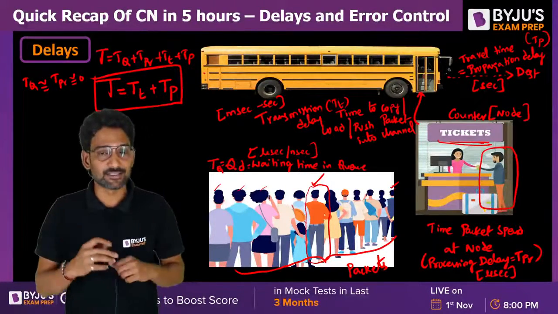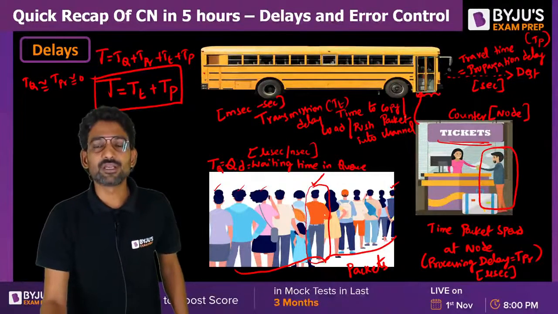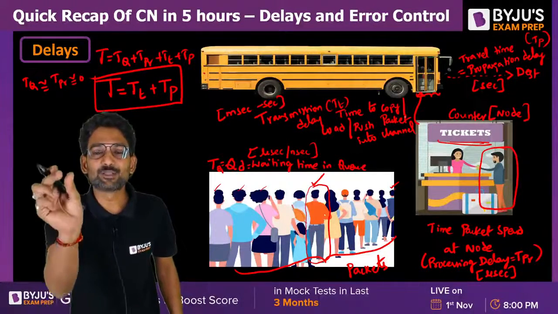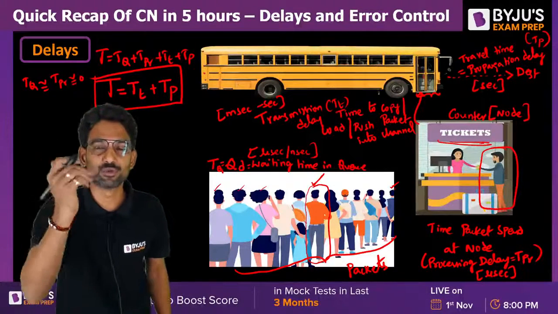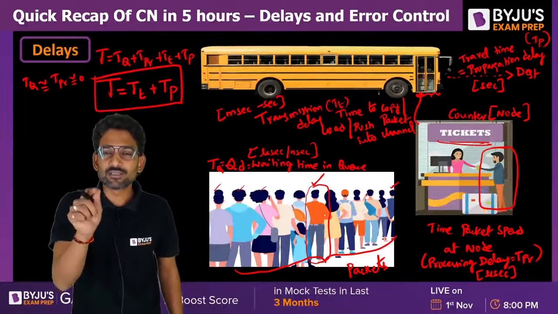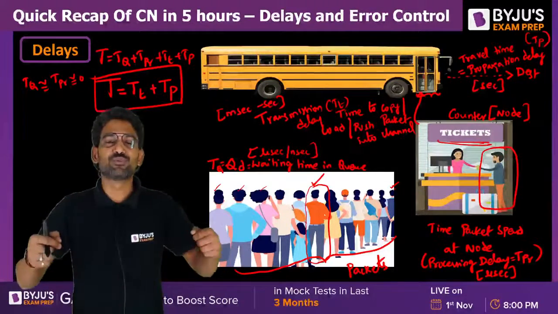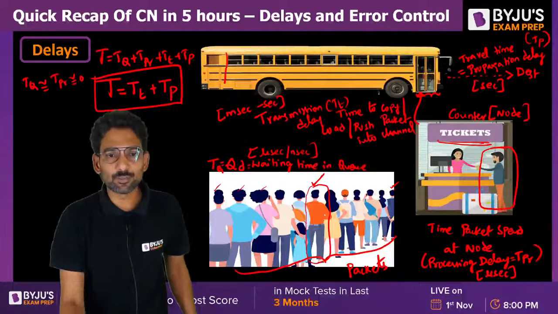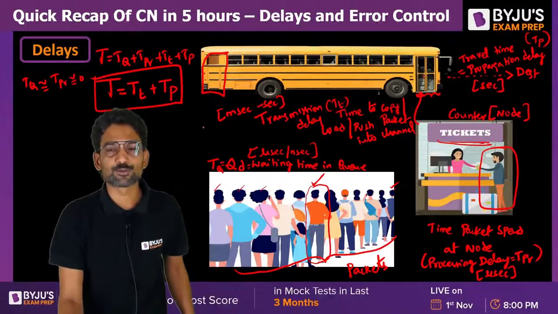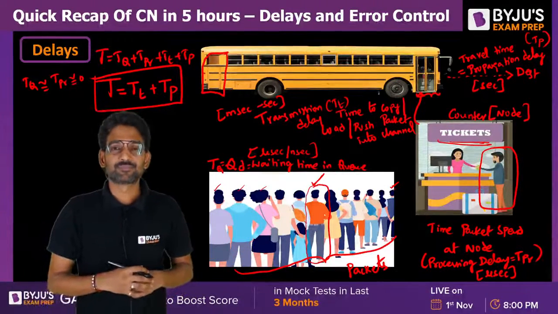So the time to load, this transmission time, is directly proportional to the data size you have. And this is the bandwidth of the channel, this door of the bus where you can board. If you see, this is very narrow, maybe one passenger can board at a time. If I incorporate one more door here also, then 2 passengers can board at a time.